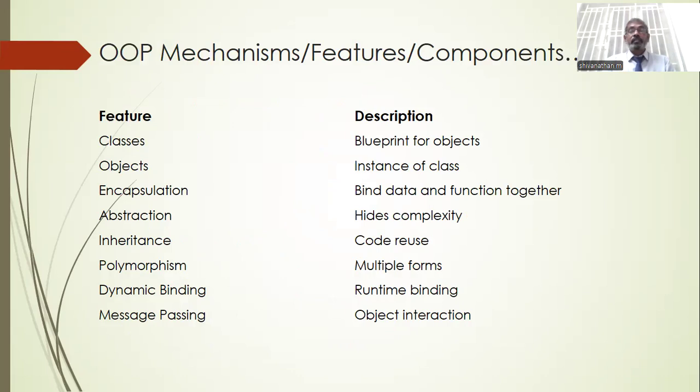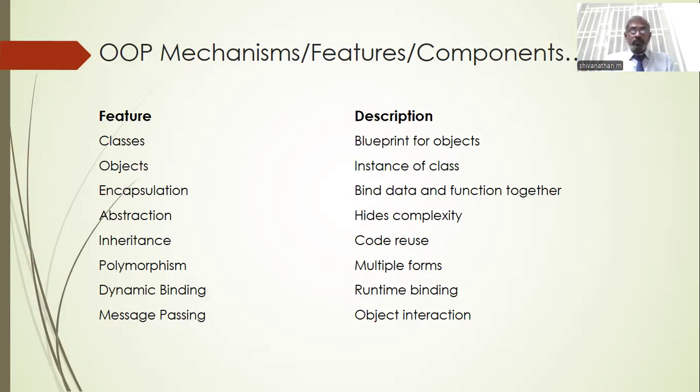Do not forget Bloom's taxonomy, because every word matters in it. Mechanisms, features, and components almost literally mean the same thing. So when you are asked to list the features of object-oriented programs, list the components, or write the mechanisms, the same answer comes: classes, objects, and all those things.